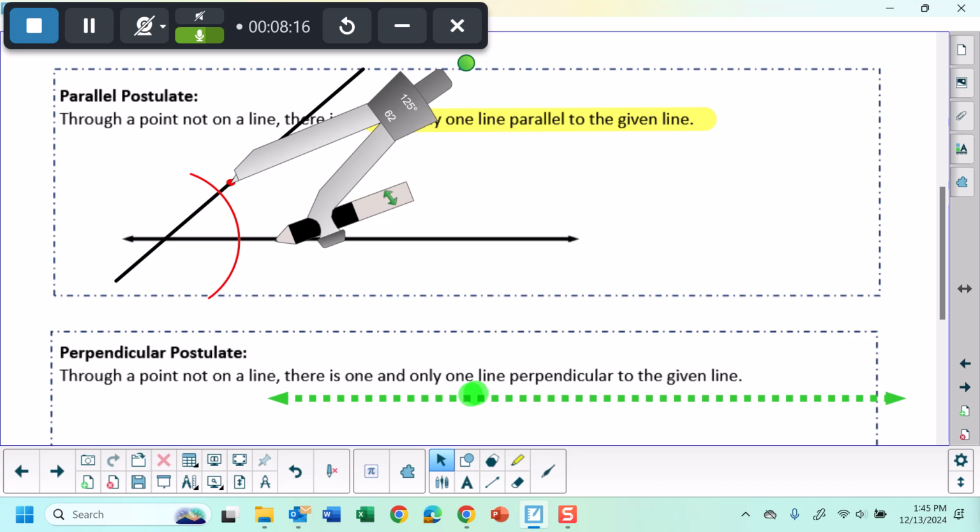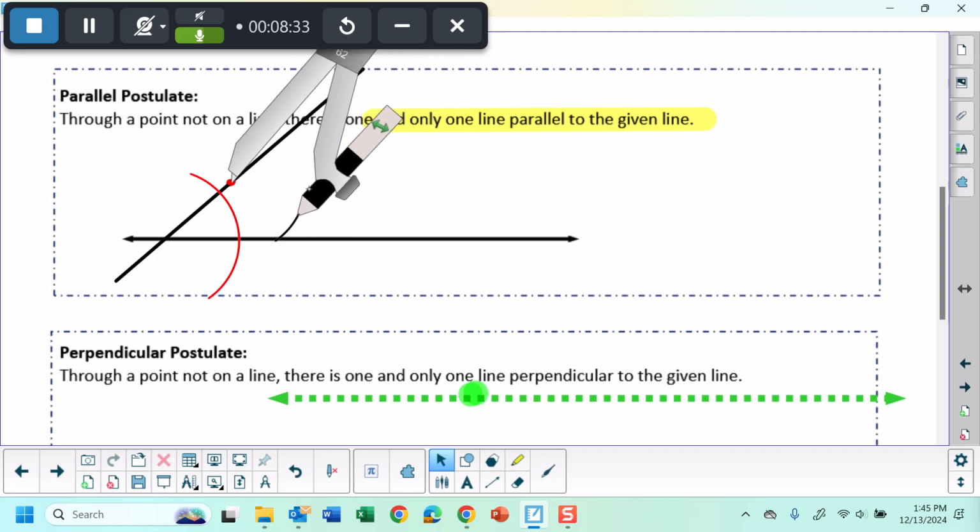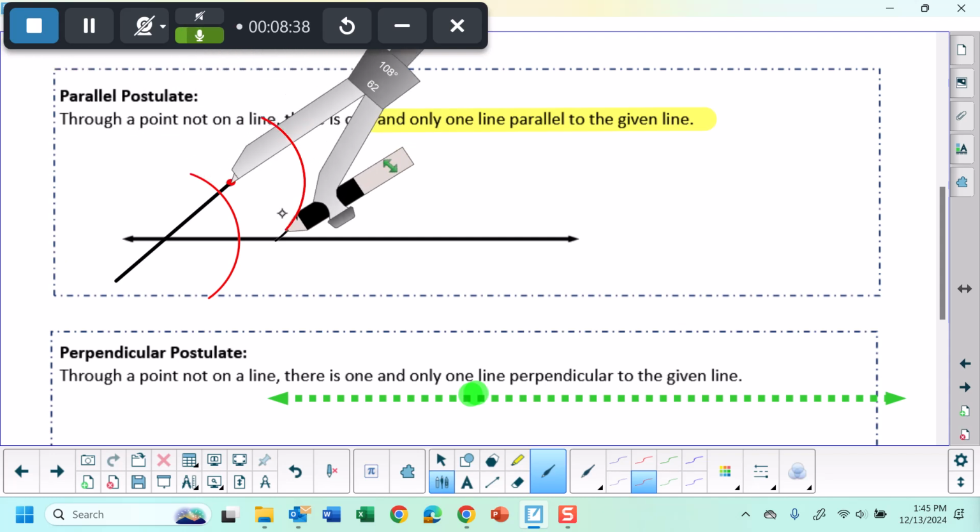So put your sharp on the point that you're drawing the parallel line through. Now, I had to put mine in red because my transversal covered it up, but can you see the point that you're drawing the parallel line through? And you're going to draw another working arc.